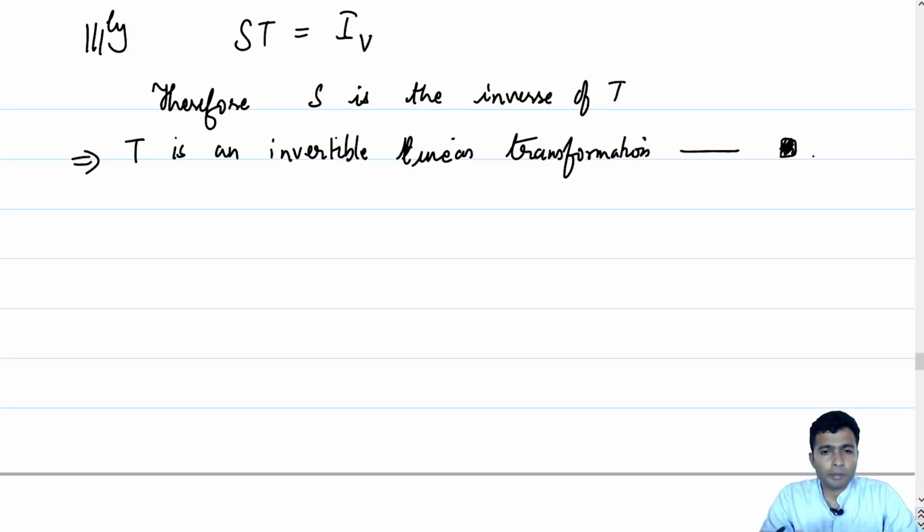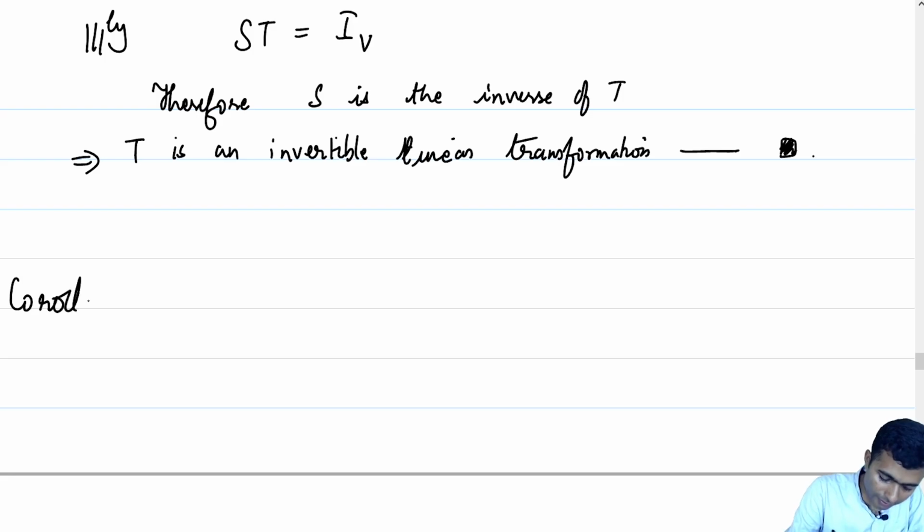Alright, so now given a matrix A, there is a very natural linear transformation which can be associated to it, namely LA. So this theorem tells us that A is invertible. Let me write it down as a corollary. Let A be an M cross N matrix.